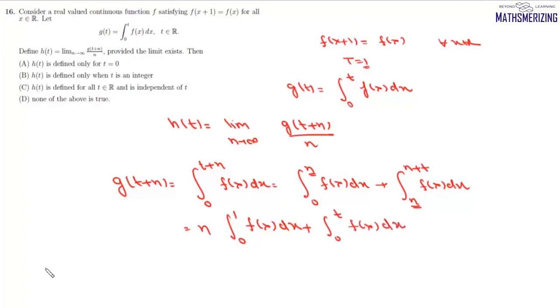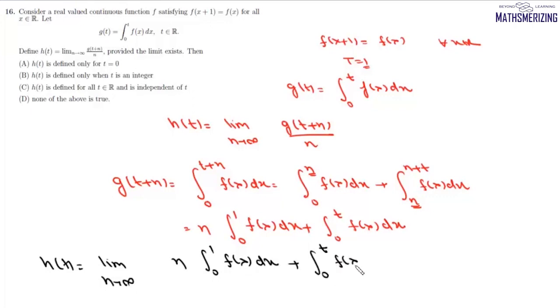So we can write this function h as this limit n tends to infinity of n times the integral from 0 to 1 of f(x) dx plus the integral from 0 to t of f(x) dx, upon n.